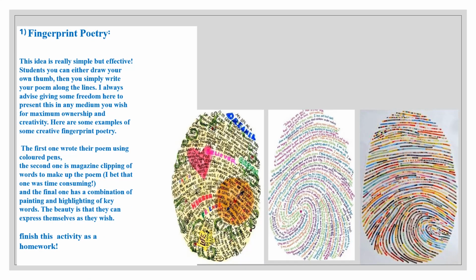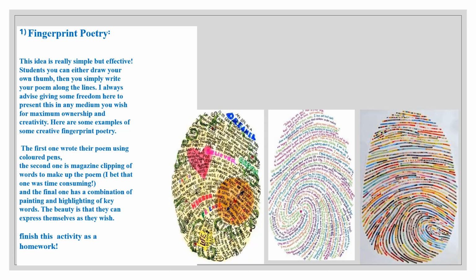First activity is fingerprint poetry. These pictures are enough to tell you. You can see different thumbprints are given there, and there are some small letters you can see here. This idea is very simple but effective.